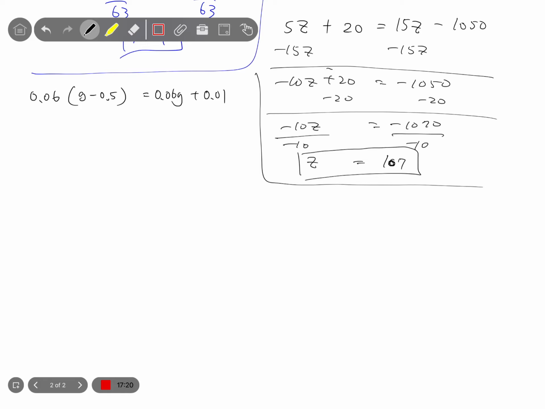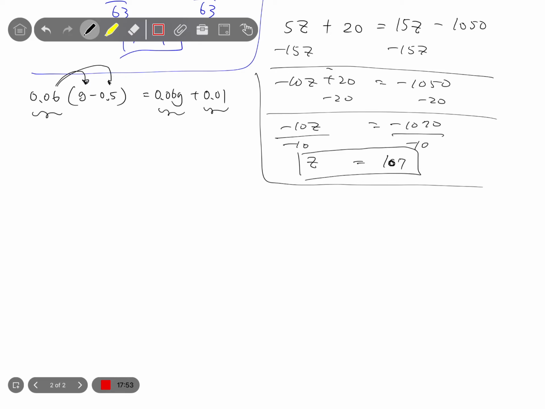What you could actually do here is distribute first if you want, or you can just go ahead and multiply everything by 100. The reason I say you can multiply both sides by 100 is that you have the 0.06, 0.06, and the 0.01.